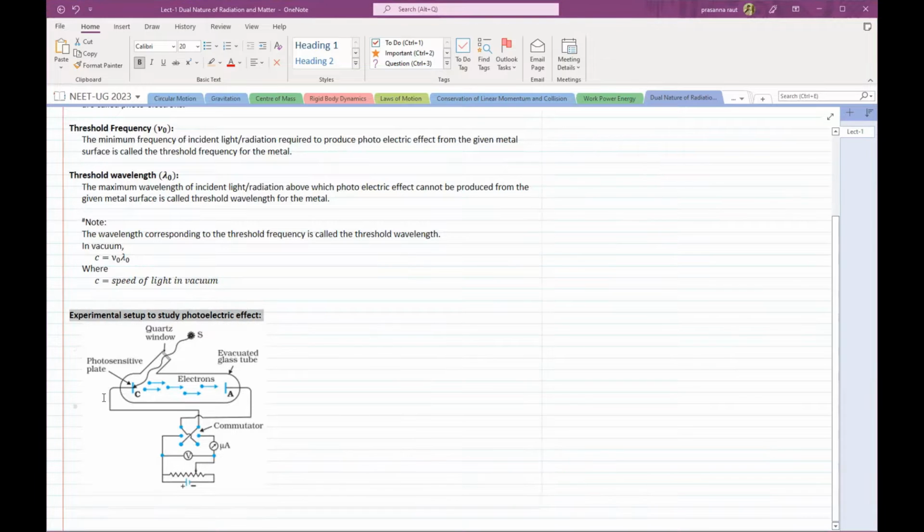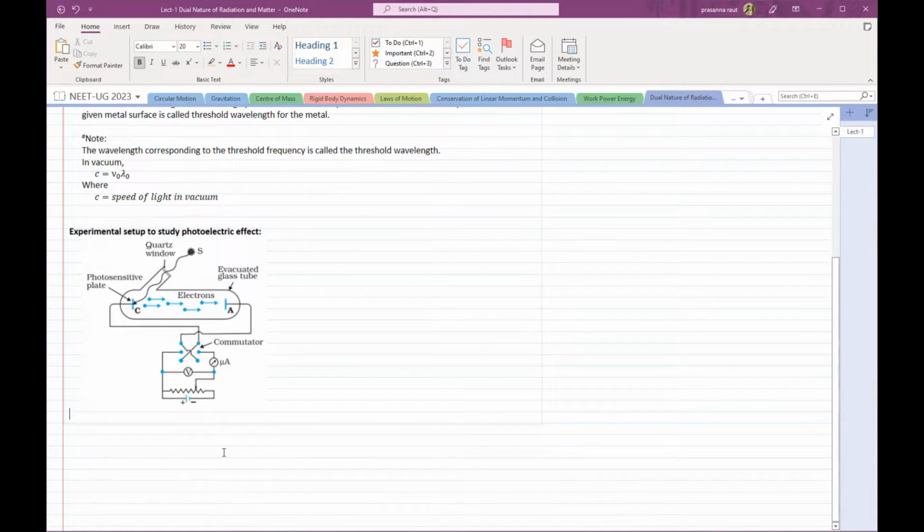In this glass bulb, on the extreme left-hand side, there is a photosensitive plate denoted by C. Let's call C the emitter plate, also called the cathode. This plate emits the electrons when light of suitable frequency strikes it.